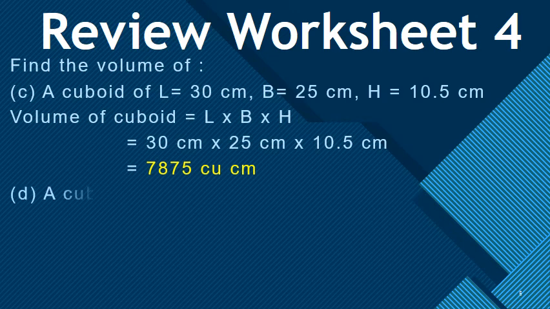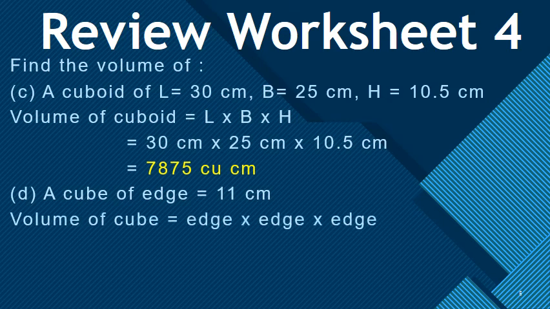Now let's come to the D part of this question. So here you have to find out the volume of a cube of edge equal to 11 centimeter. As we know that in a cube all the edges are equal. So we find out the volume of a cube by the formula edge multiplied by edge multiplied by edge, and edge given is equal to 11 centimeter.